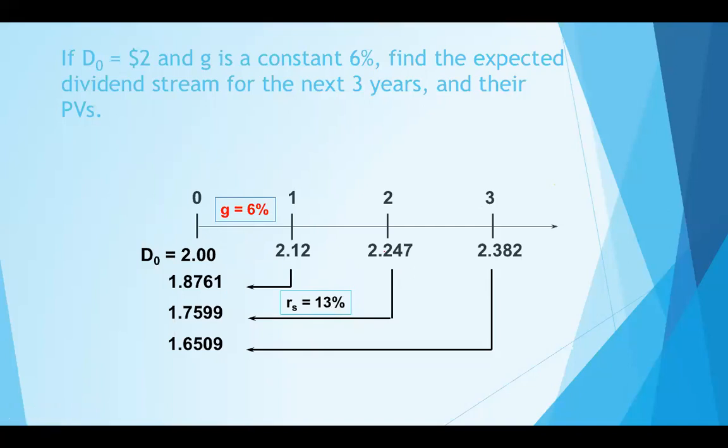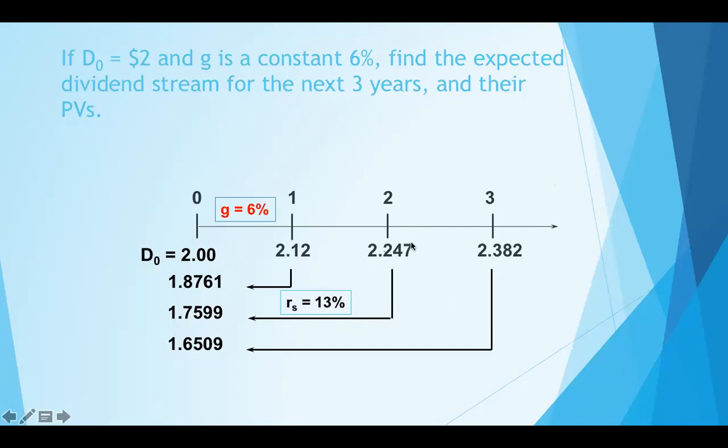So we have two different rates here. If the expected return is 13%, how do we get 1.8761? Basically, we discount this 2.12, the next year's dividend, by the 13% discount rate. Well done, Letafat. Same for the second year, right?